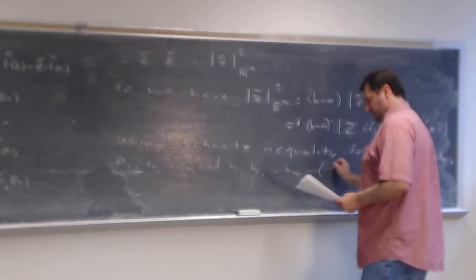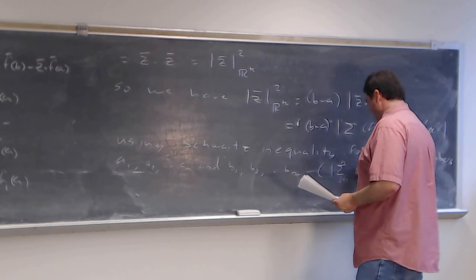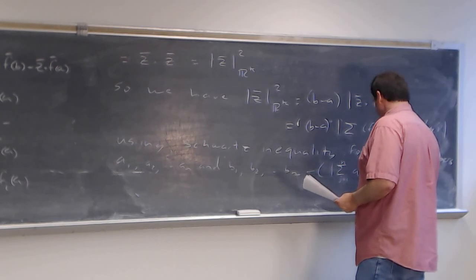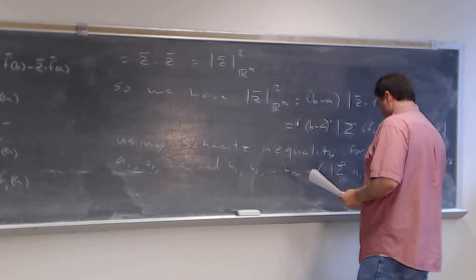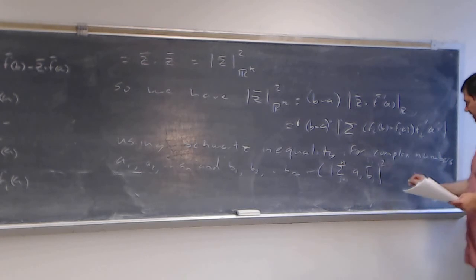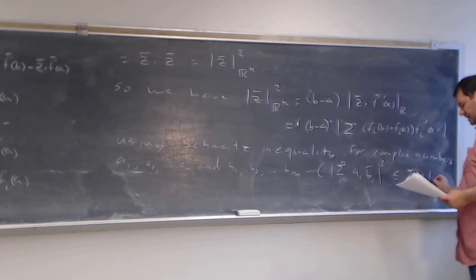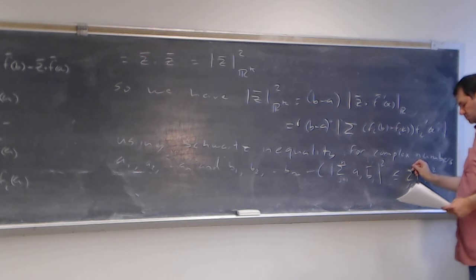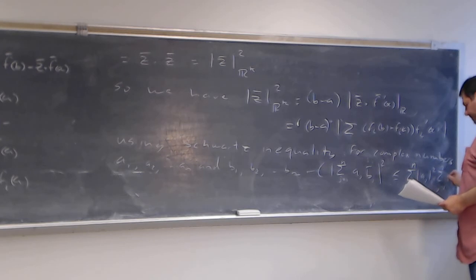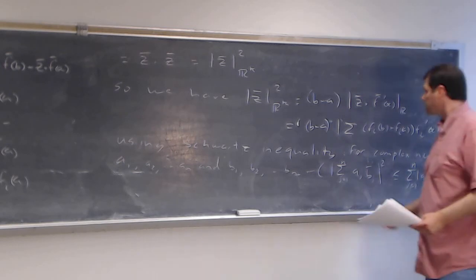What it said was that if you take the sum, as j runs from 1 to N, of Aj times Bj, squared, that's going to be less than or equal to the sum of the absolute values squared of Aj, j equals 1 to N, times the sum as j runs from 1 to n of the Bj norms squared. So we're going to apply that here.